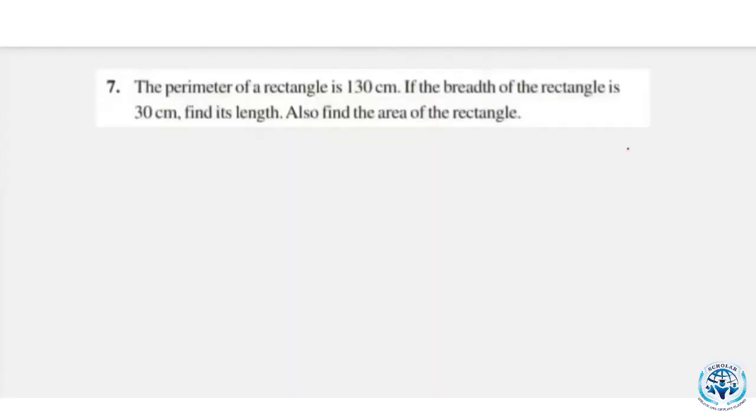Seventh question. Perimeter of a rectangle is 130 centimeter. If the breadth of the rectangle is 30 centimeter, find its length. Also find the area of the rectangle. Perimeter is given as 130 centimeter.